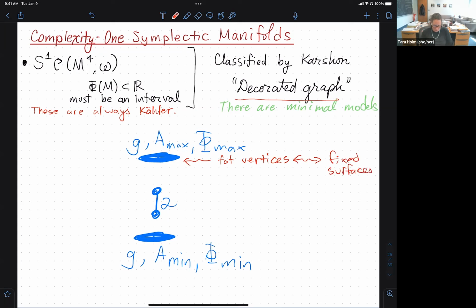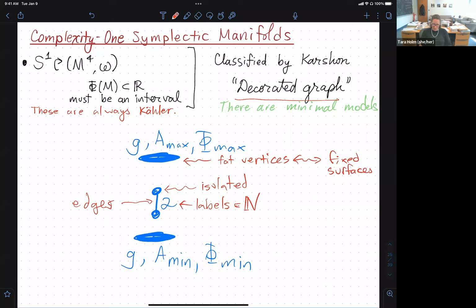And then we also have isolated vertices, which correspond to isolated fixed points. And we have some edges and integer labels on the edges. Actually, no, those are in the natural numbers, they're positive.